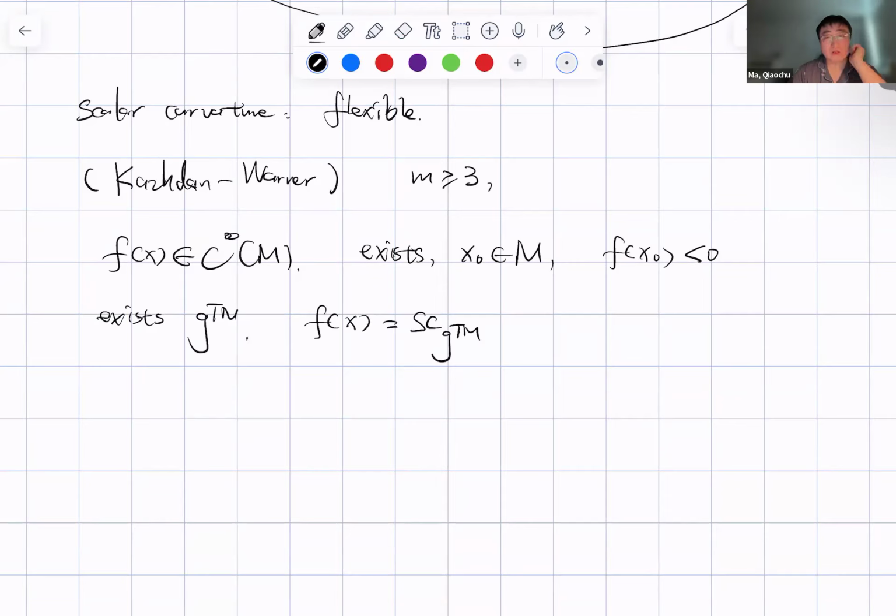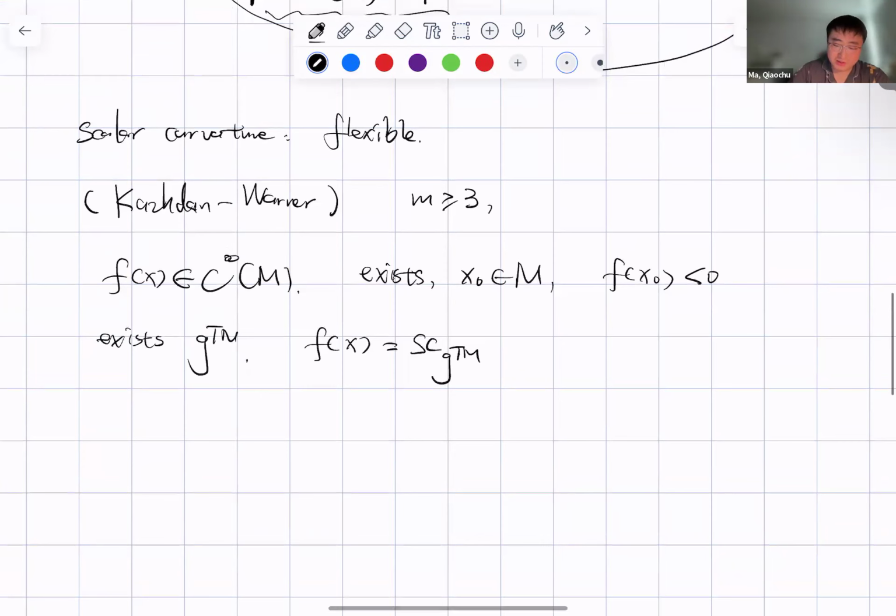So it seems that almost all functions can be realized as the scalar curvature of a metric.